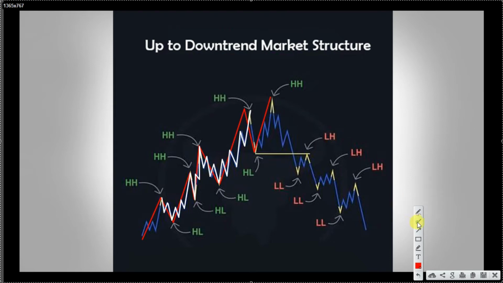Now you will learn trend reversal. This is a higher low. If the market breaks this higher low, the trend is going to change. Now the market will make lower highs and lower lows. We can see here a major downtrend.